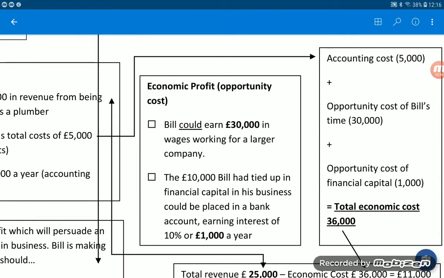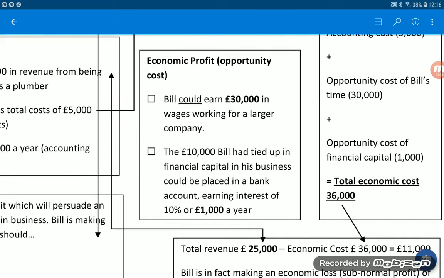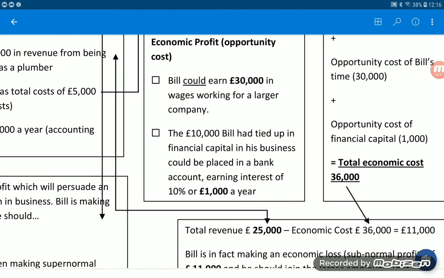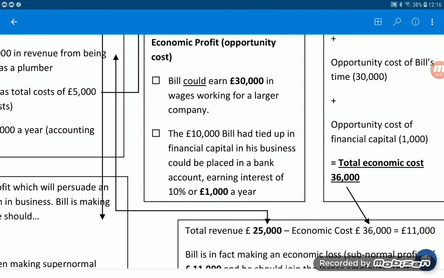So his total economic cost will equal £36,000. And just here I've noted that in that case, he's going to actually make an economic loss of £11,000. The point is that we're looking at the opportunity cost in the cost of production, and that is the 30,000 and the 1,000 noted in the centre of the screen.